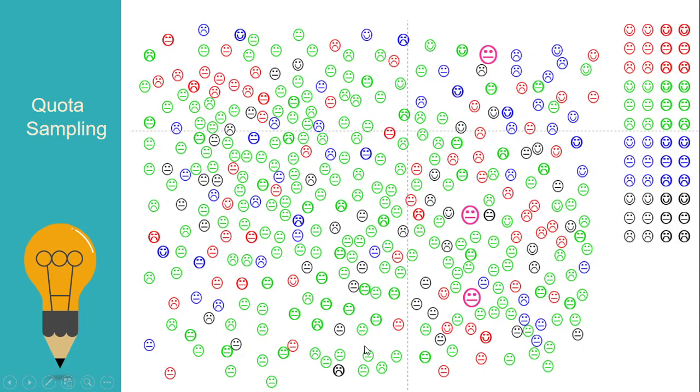Actually, quota sampling is a simple yet effective way to do research in the initial phases. From the population, the researcher could select two variables to study a particular group.